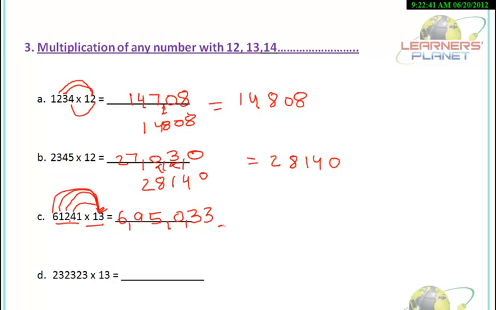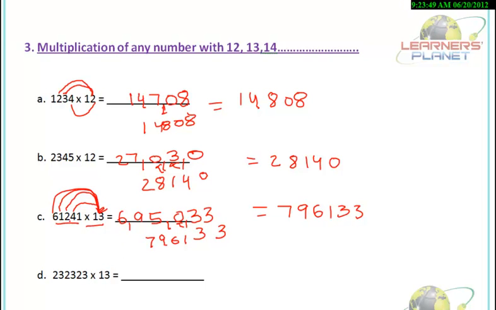In the next step, 3 3 we are going to add them, 1 6 9 7. So the answer is 796133. It's very simple, friends. You just have to practice with the method.